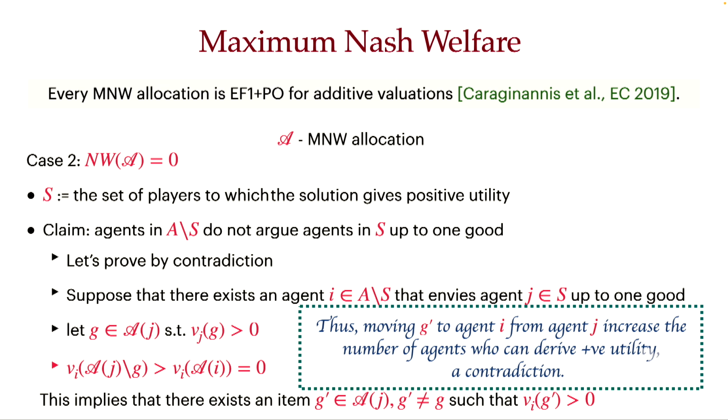But now what are we saying? Everybody who was getting positive utility earlier is still getting positive utility, but I is also getting positive utility now. So, that contradicts that the size of S was largest earlier. Any questions?